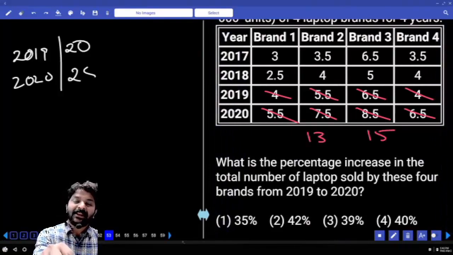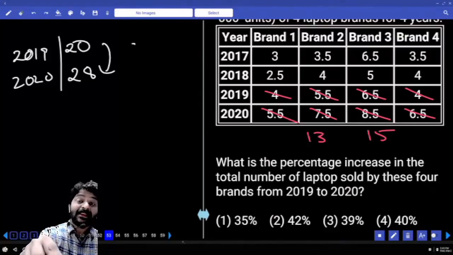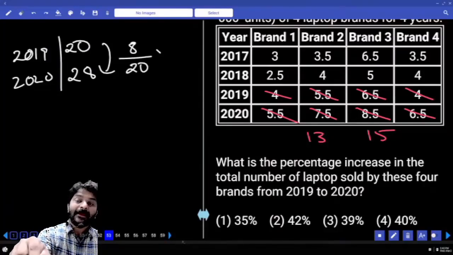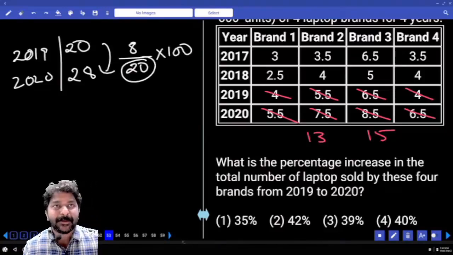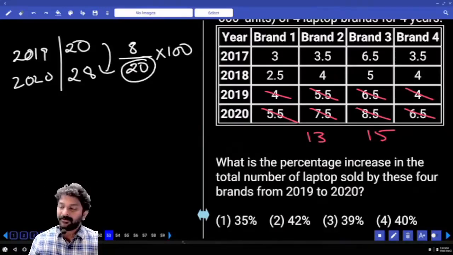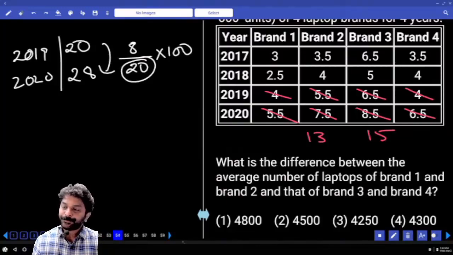That becomes 28. So the increment value 8 with respect to 20 percent, the numerator is 40% of the denominator, 40%, 4th option.